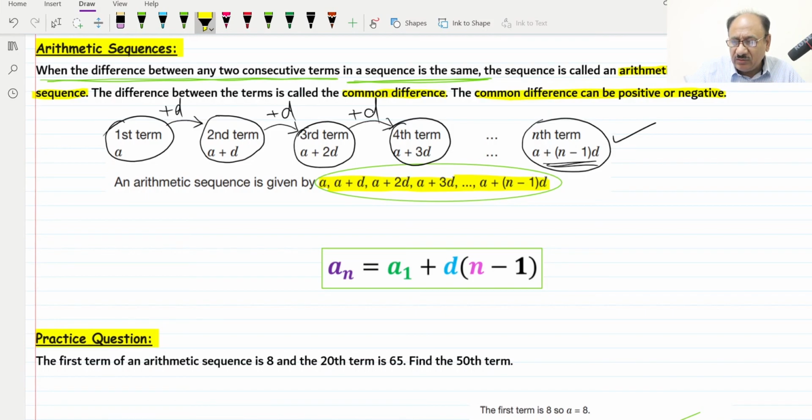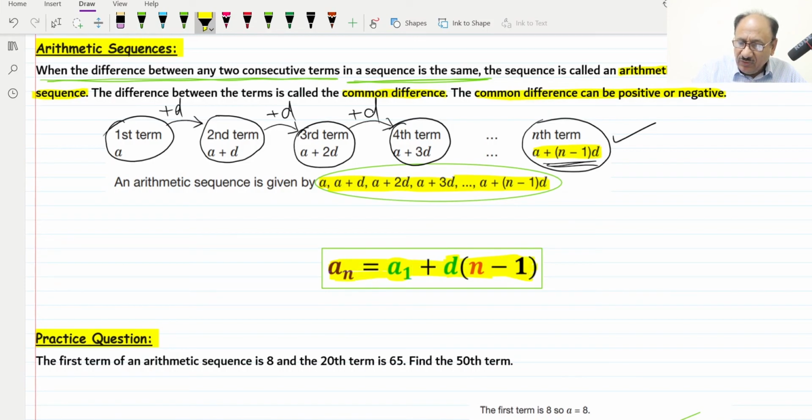And our nth term will be a plus n minus 1 into d, which we have explained here. We can write an equals a1, the first term, plus d, the common difference, into n minus 1. This is the formula which you will have to memorize if you want to use it.